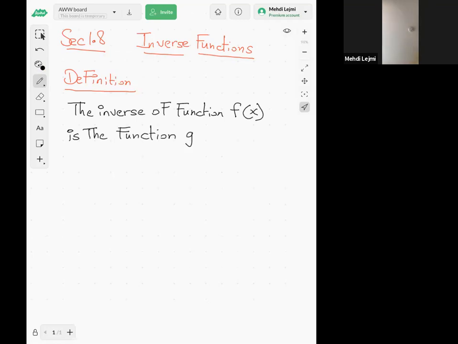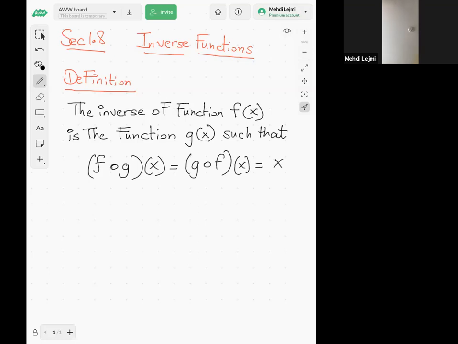So here's the condition or the definition of the inverse function. We need f composed with g of x to be equal to g composed with f of x to be equal to x, just x by itself. All right, so this is the definition of the inverse.